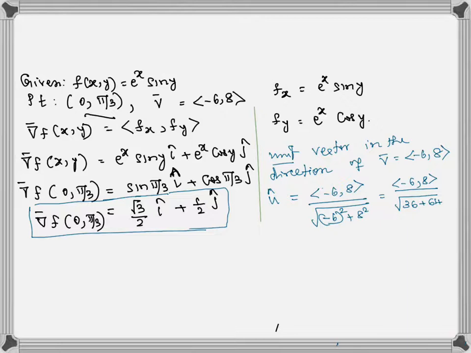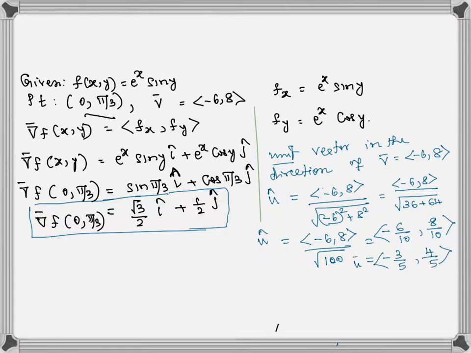So in the denominator, we have the square root of 100, which is 10. So the unit vector is (-6, 8) divided by 10, which is (-6/10, 8/10) in the component form, which on reducing we get (-3/5, 4/5). That is a unit vector.